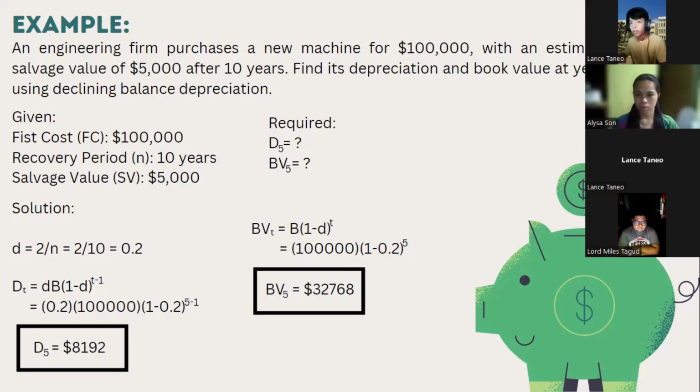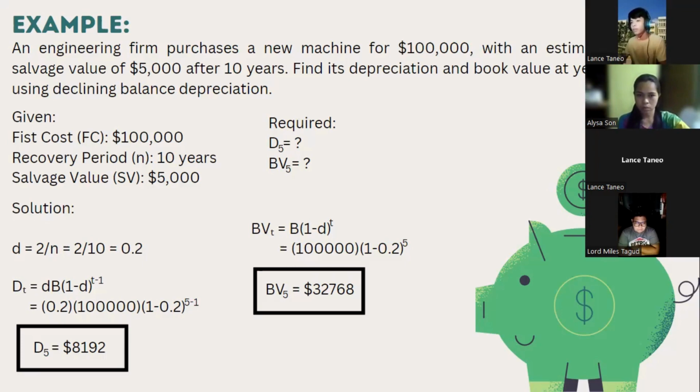So we know that d is 0.2 and B is the first cost, which is $100,000, and 1 minus 0.2, which is 1 minus d in the formula. In t minus 1, we know that at year 5, 5 is given, then minus 1. So the answer will be the depreciation at year 5 will be $8,192.